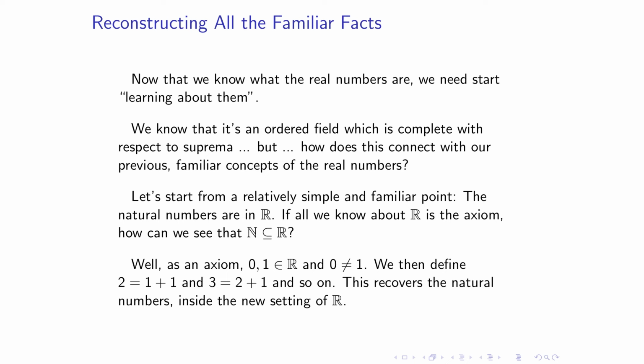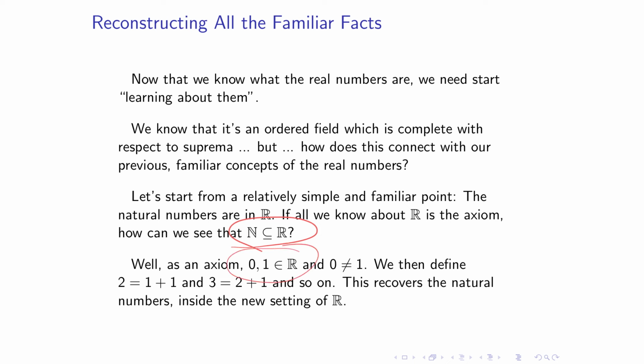But now that we know that the real numbers exist and we know some basic properties given by the axioms, we would like to try to recover knowledge of all of the familiar facts about the real numbers, the things that one would expect. And one relatively modest starting place for that kind of idea is to show that there is a copy of the natural numbers inside of the real numbers.